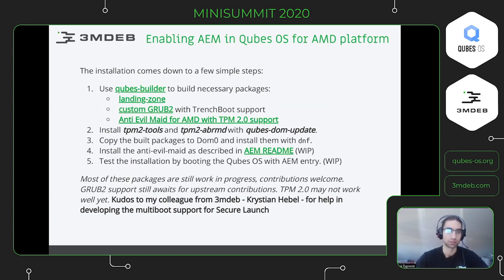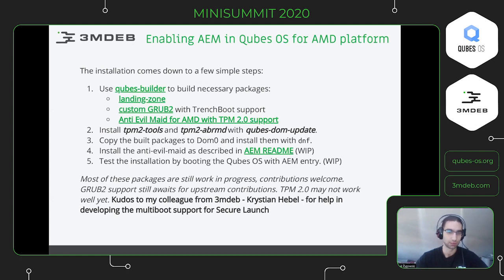We also use a custom GRUB2 implementation with TrenchBoot support. We have not yet upstreamed these changes; the upstreaming is in progress. First, there are patches for the Intel TXT TrenchBoot implementation, and on top of that, we will have the AMD Secure Launch support.